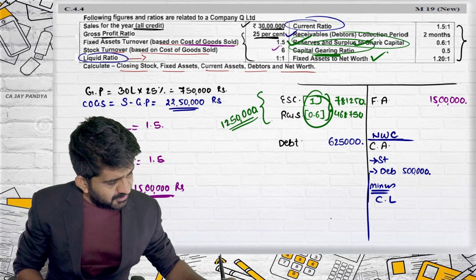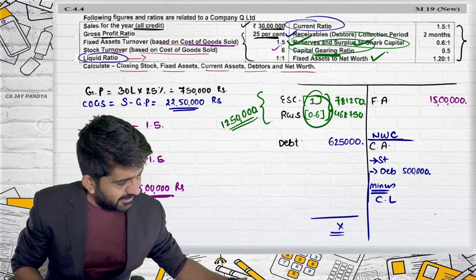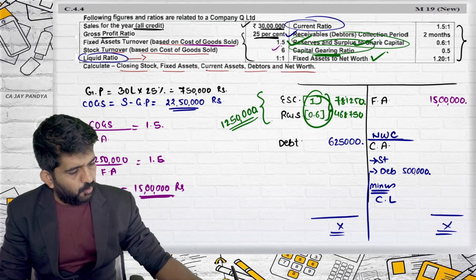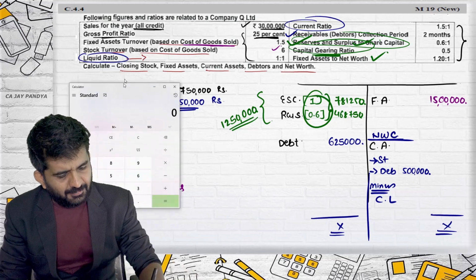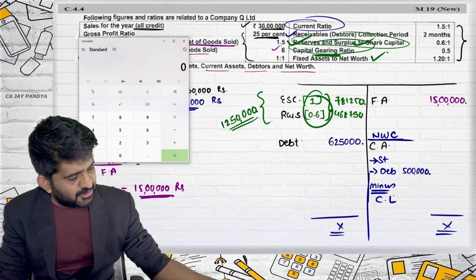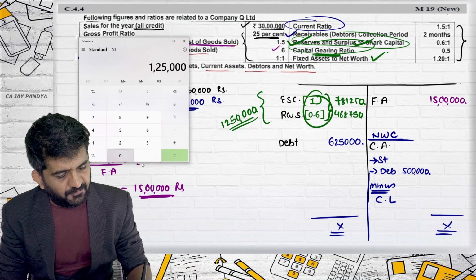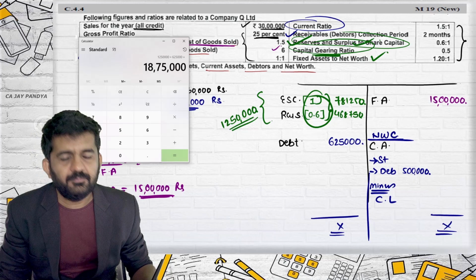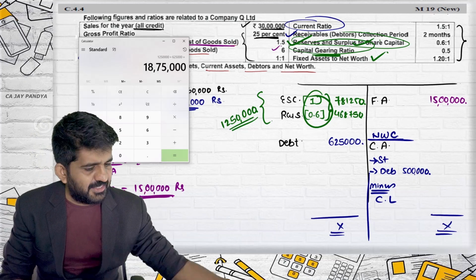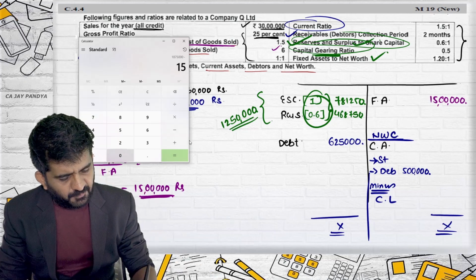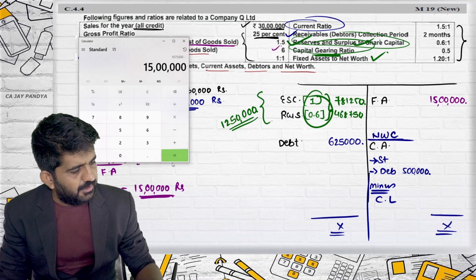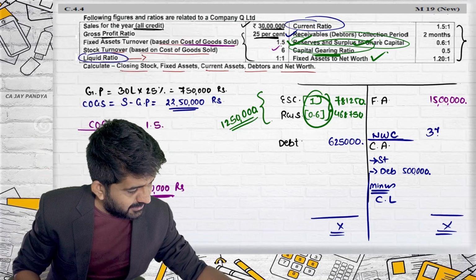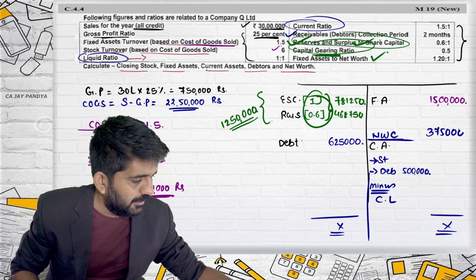We know the answer of net working capital because the balance sheet always tallies. So the liability side of the balance sheet excluding current liability is 12 lakh 50,000 plus 6 lakh 25,000. This is the total of the liability side of the balance sheet minus 15 lakhs. I am getting 3 lakh 75,000 as net working capital.